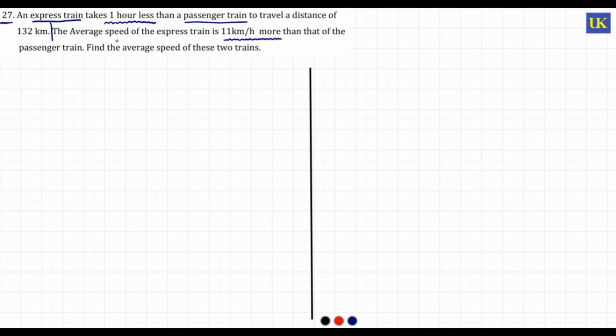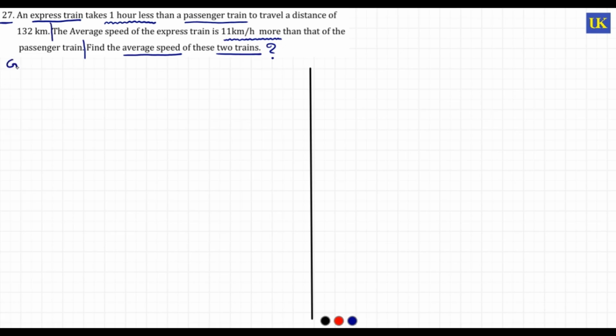Now they are asking us to find the average speed of both these trains. I hope you have understood the question. So now we will begin solving this.